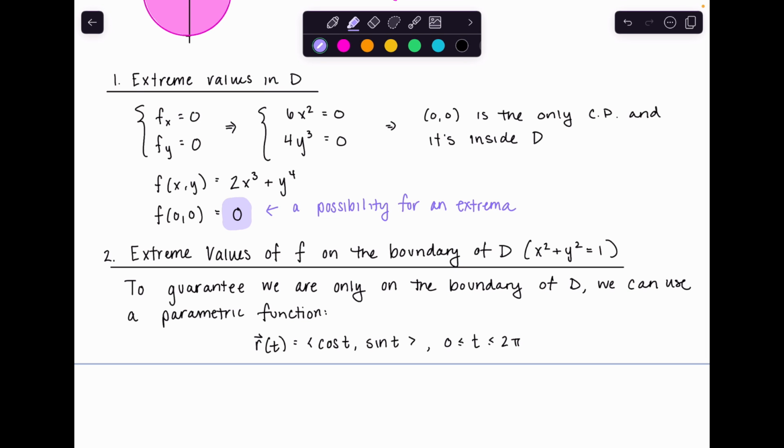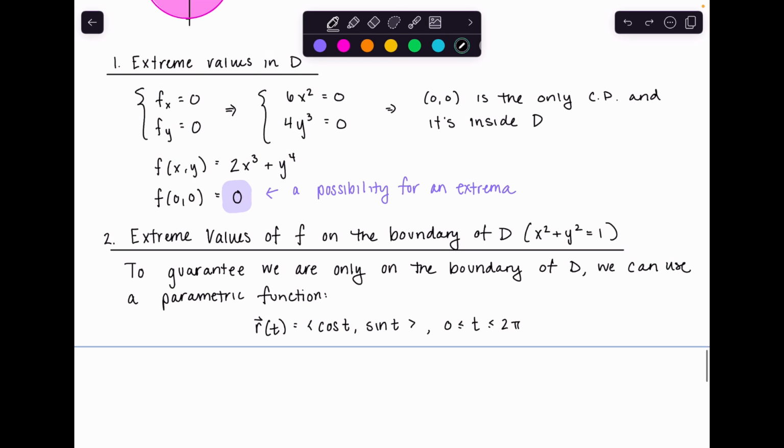What I want to do now is see, if my x is going to be cosine of t and my y is going to be sine of t, I can figure out all my z values just on the boundary. So from here, we're going to let g of t be the function f evaluated on the boundary. Okay.